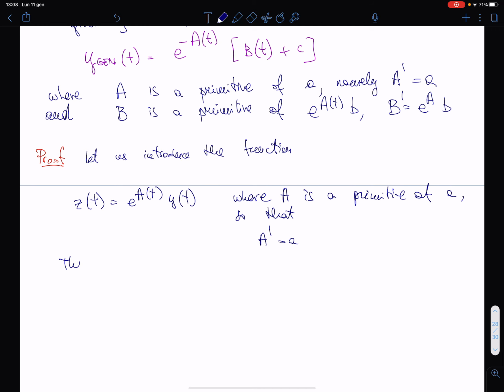Then you end up with y of t is equal to e to the minus A of t z of t.